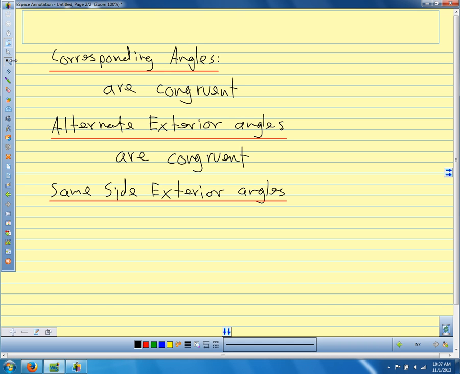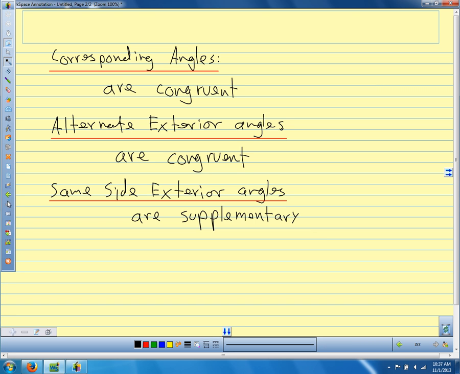They are supplementary. So our alternate angles, alternate interior, alternate exterior, congruent. Our same side angles, interior and exterior, are supplementary. And then our corresponding angles are also congruent.